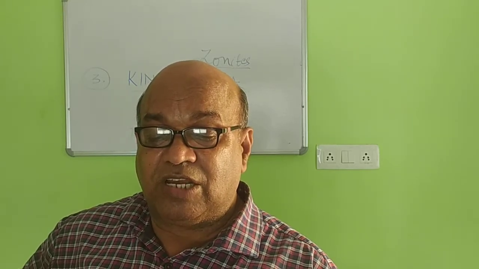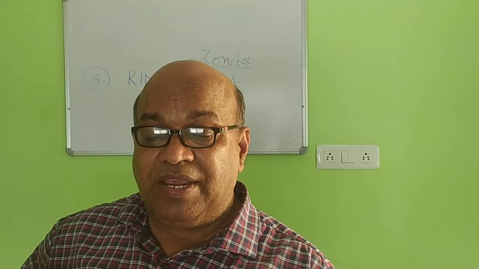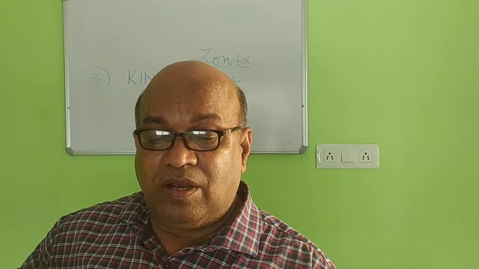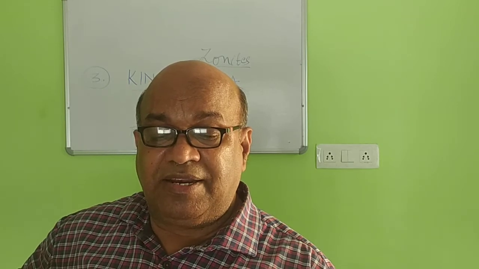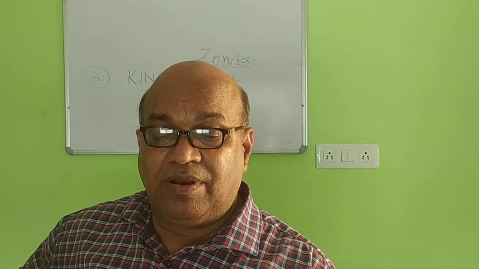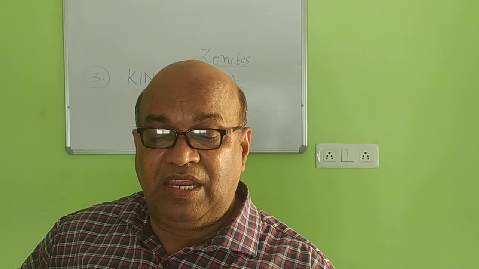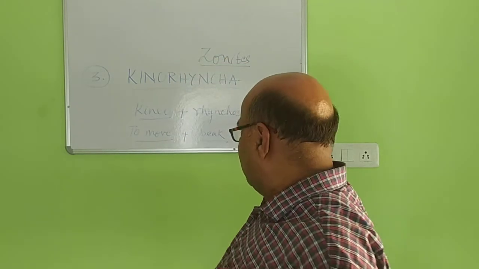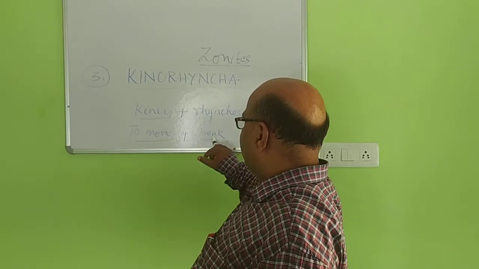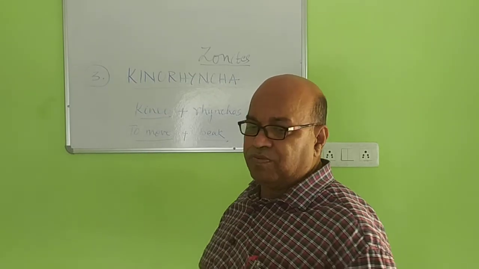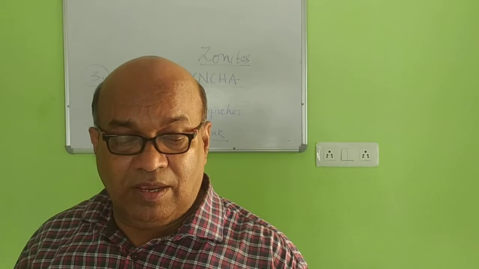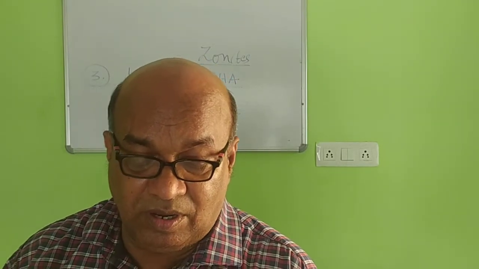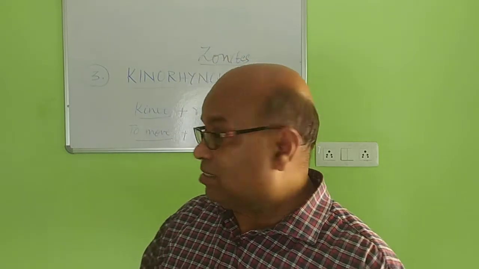Echinodera is the substitute name of Kinorhyncha. Kinorhyncha is generally derived from two terms: kineo, K-I-N-E-O, means to move, and rhynchos means beak. For this you should write the example Echinoderes.